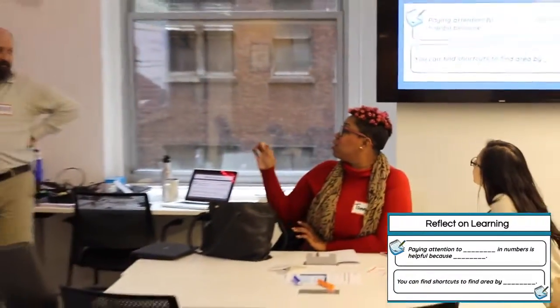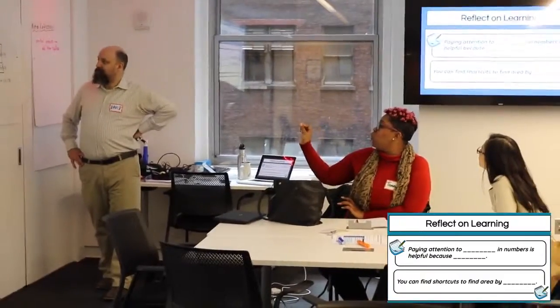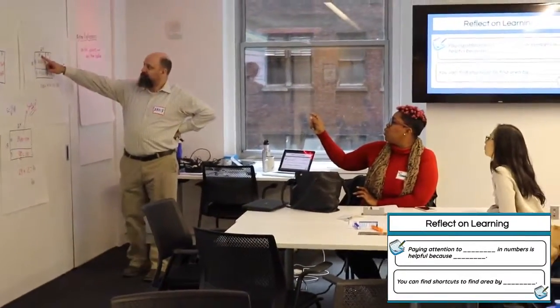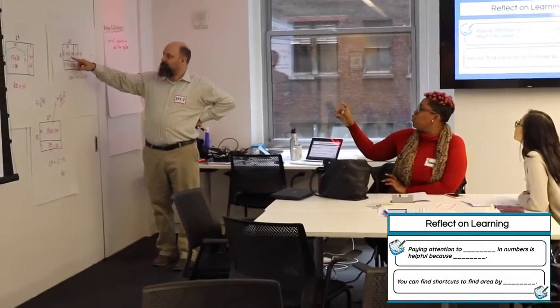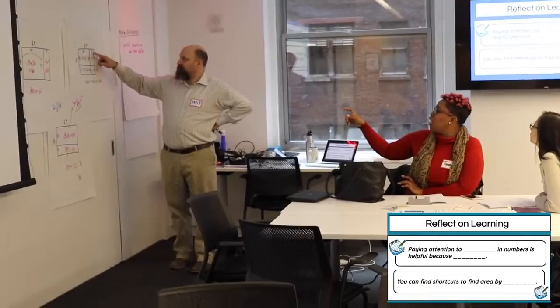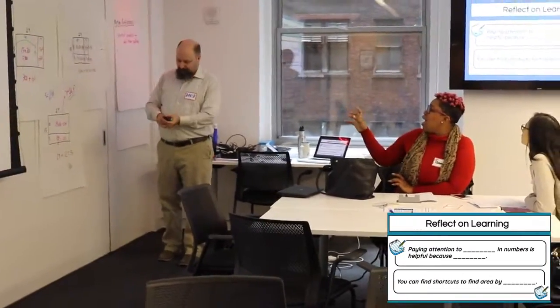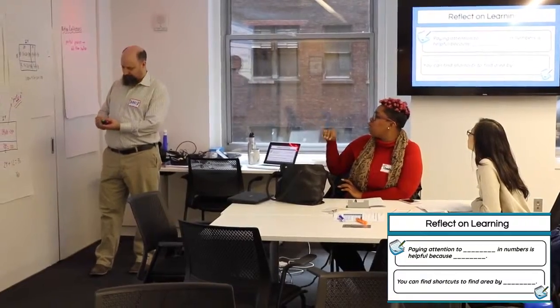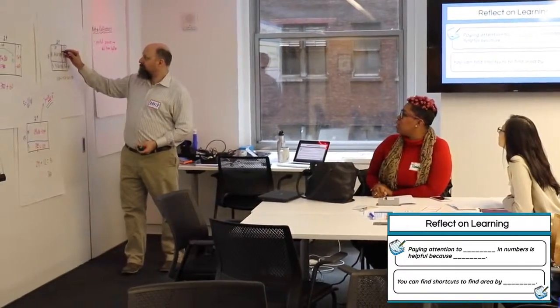With the one we did, 24 we broke up into 20 and 4. So the partial product would be 20 times 4. And for all the 4 parts in which we found the product, you take those products and you add them together to get the area.